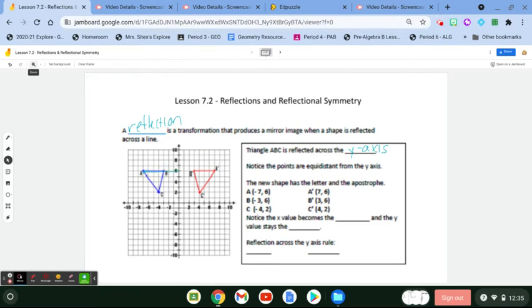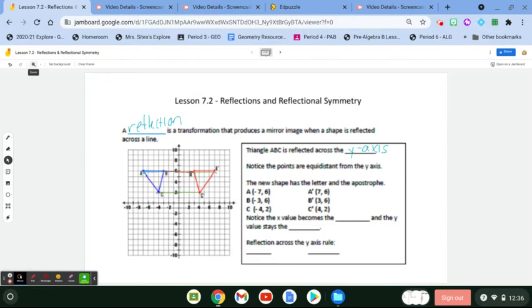Same thing if I counted from A prime, it would also be 7 units over. If I did the same thing with B and B prime, that would be 3 units and 3 units to get there. And for point C, it would be 4 units and 4 units. So it's equidistant on both sides of it.